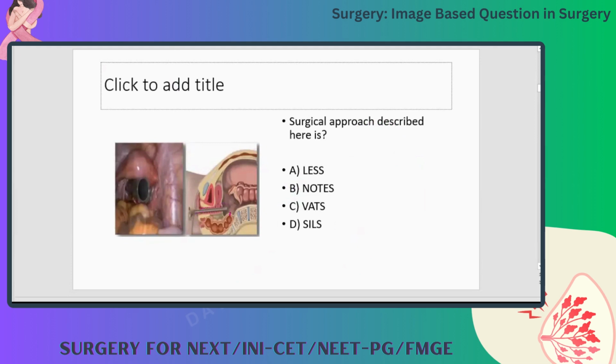So what is LESS? Anybody? What is VATS? What is SILS? Laparoscopy.